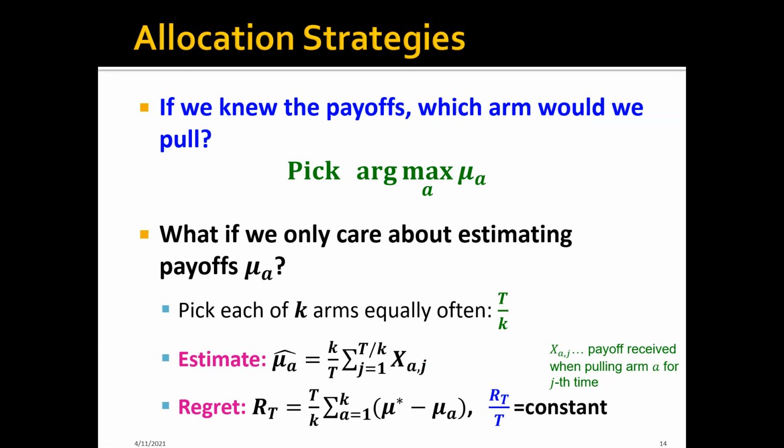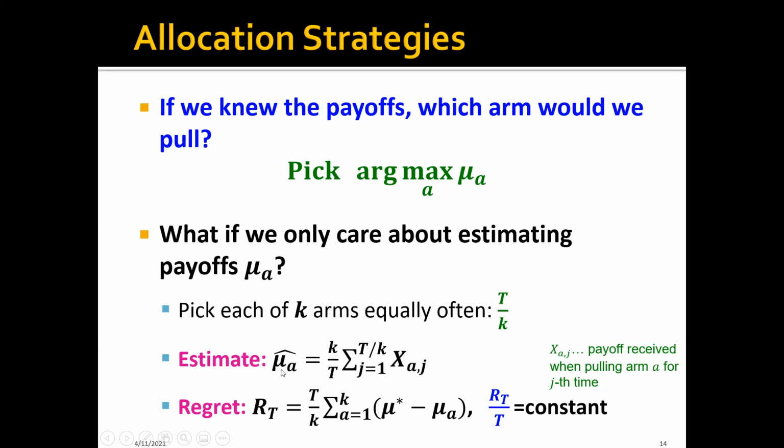So basically, for each arm, we will pick this arm for T over k times, and then using this way, we can just estimate mu a, which is the expected reward for arm a, by taking the average, right? We take all these T over k rewards, and we take the average, and this would be the average reward or the expected reward for arm a.